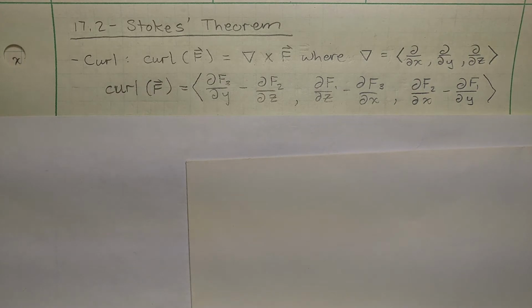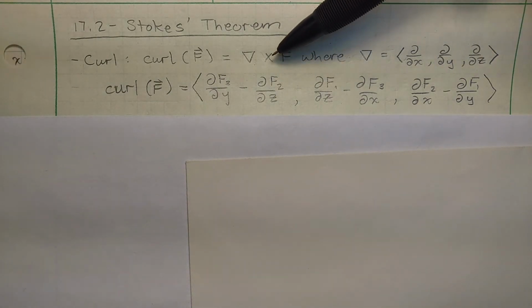Remember the curl of f is a vector, and so we get this expression here. I think the easiest way I can help you keep straight what you're doing is if you remember the cross product.